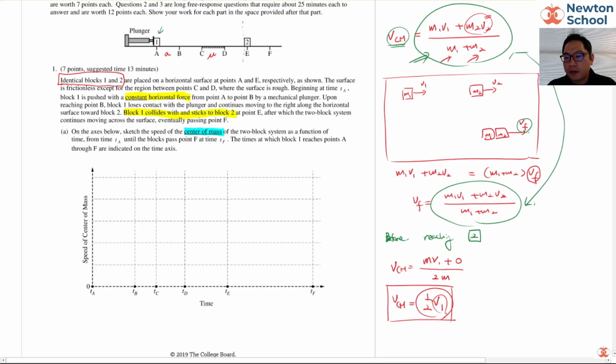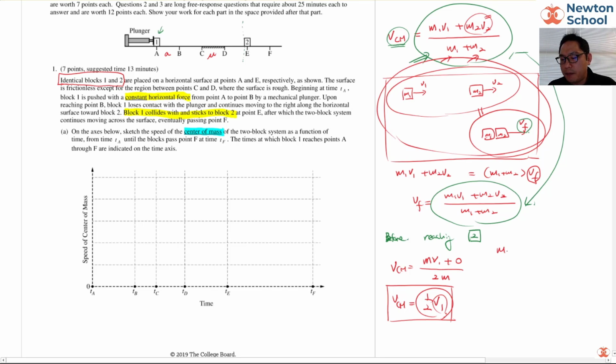Now, if you think about how VCM changes before and after the collision, you realize they're actually equal. VCM is not going to change, because M1 V1 plus M2 V2 before collision equals M1 plus M2 times VF after collision.